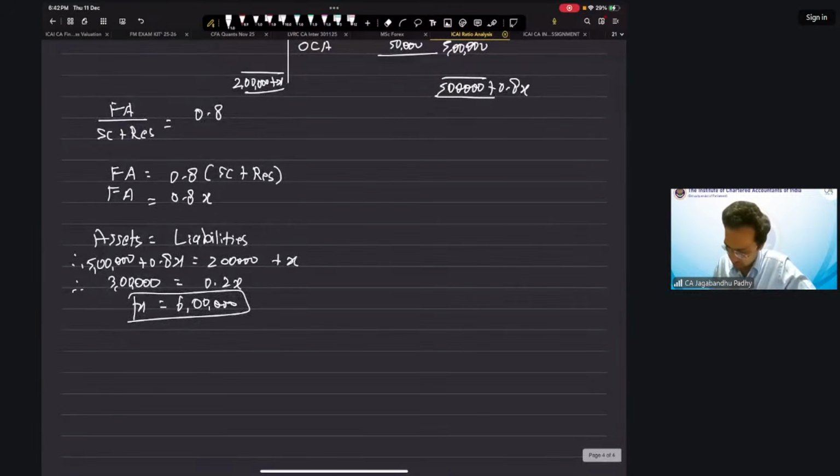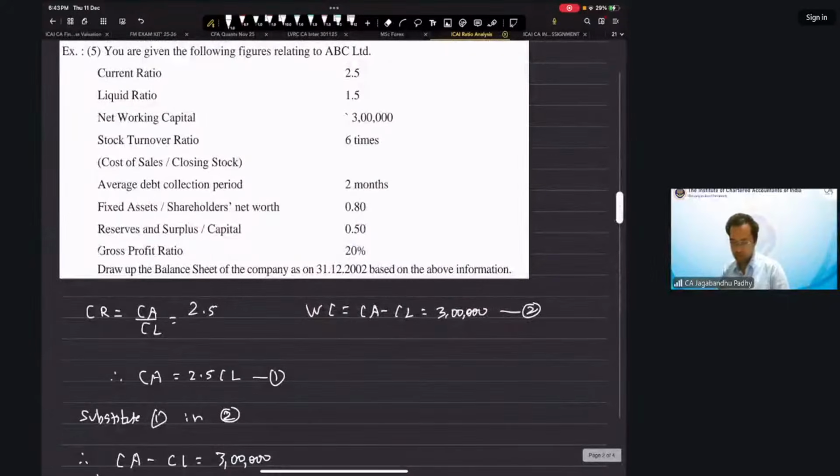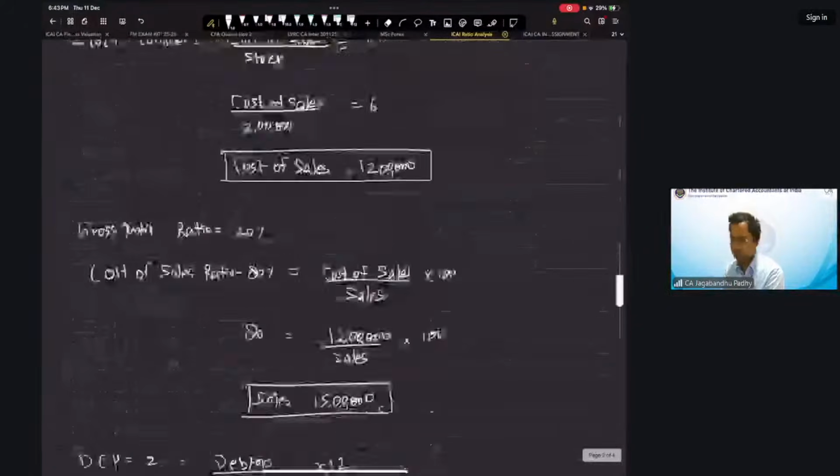So we say that share capital plus reserves is 6 lakh. And we can split this into two parts, reserves and capital. Reserves and surplus to capital is 0.5.